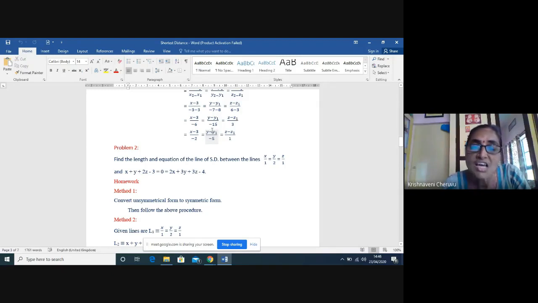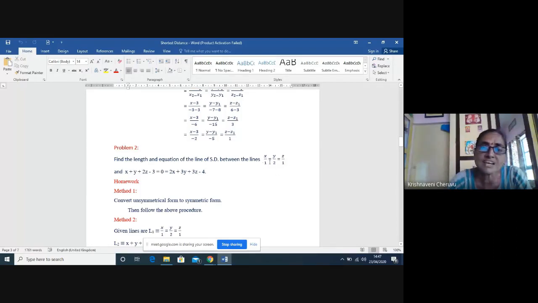Let us see how to find the shortest distance between these two lines when one is in symmetric form and the other is in unsymmetric form. I'm explaining to you the fresh method. Whichever method you feel comfortable with, you can adopt that method. You will end up with the same answer. That's why I gave it as homework, because I already explained how to transform unsymmetric form of a line into symmetric form.